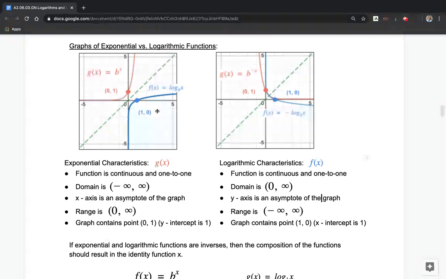So we have the graph of the exponential versus logarithmic functions. G of x in both of these graphs represents the exponential function. F of x in both of these represents the logarithmic function.